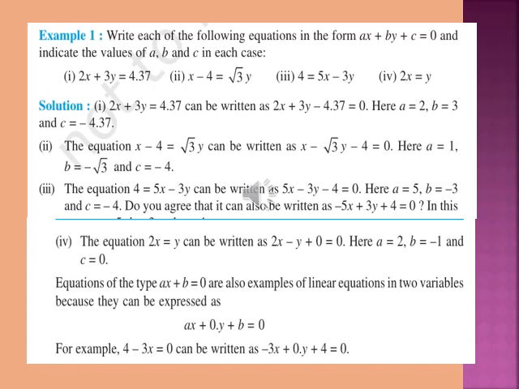Then the next point has a positive x-coordinate and a negative y-coordinate, that is (5, minus 3). So (5, minus 3) lies in the fourth quadrant, and before that one point is there, (minus 3, minus 5), both negative coordinates, and it is very easy to identify because both are negative, so the quadrant is the third quadrant.